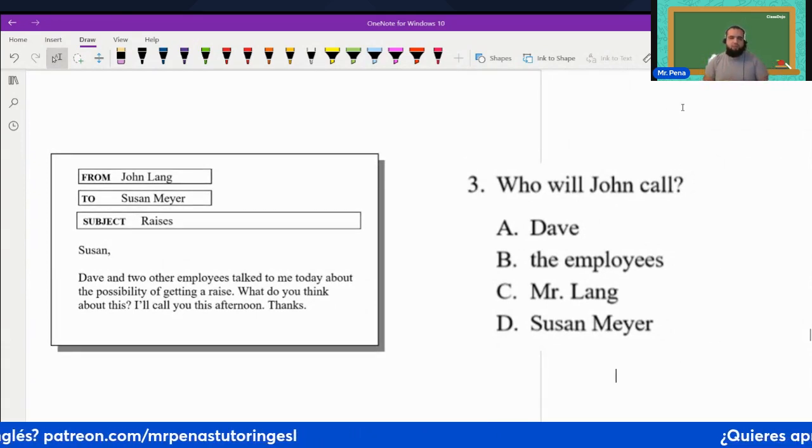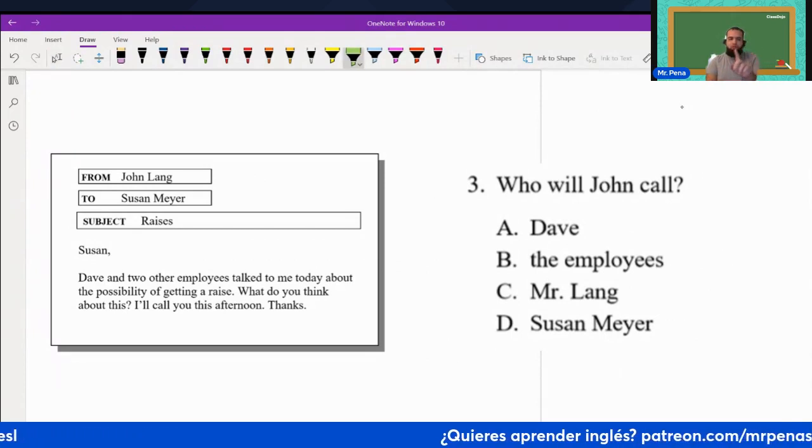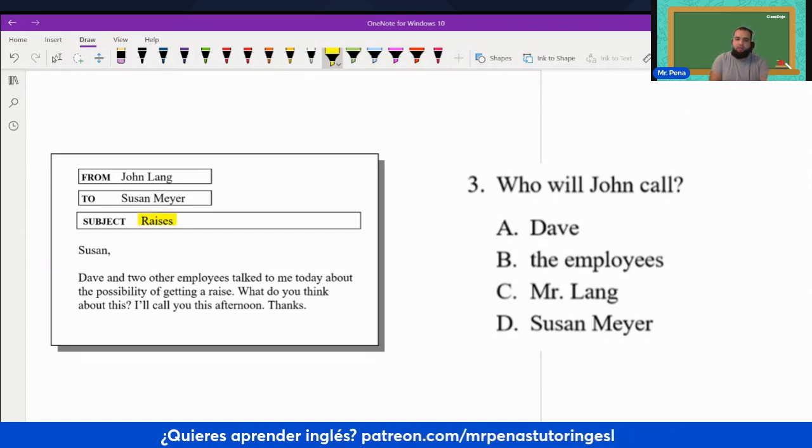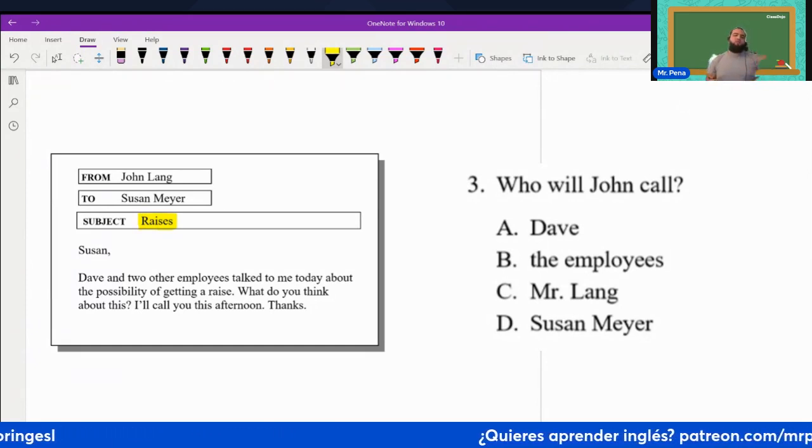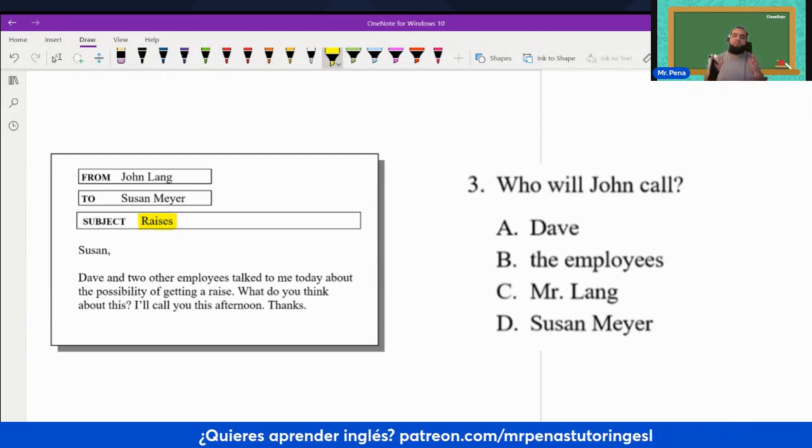So this is from John Lang. John Lang is writing this to Susan Meyer. And the topic is about raises. How to increase your salary. Susan, Dave, and 2 other employees talked to me today about the possibility of getting a raise.